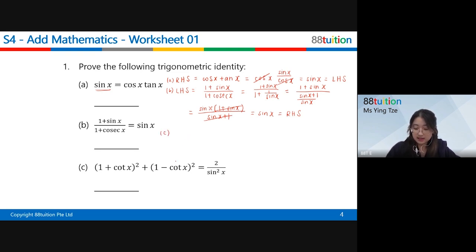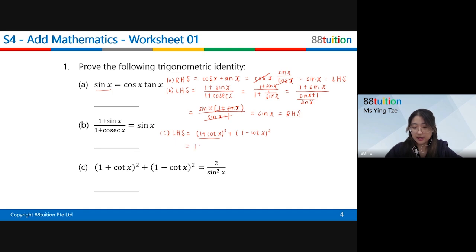And then for part C, again, I will choose to start from the left hand side. So this thing you should have learned in your E-math, the expansion of a plus b squared.